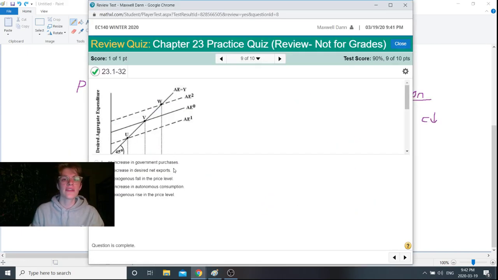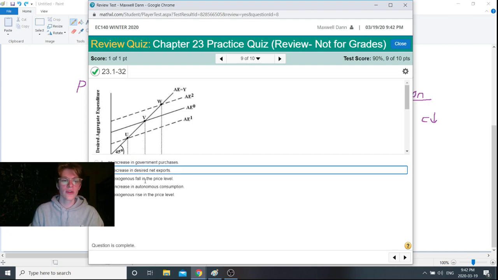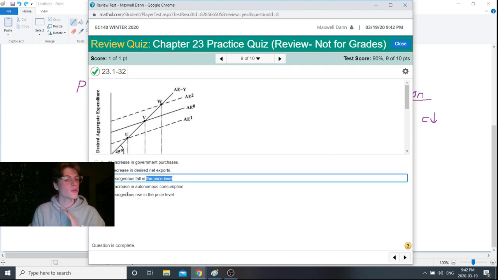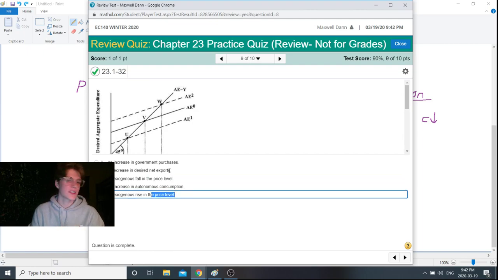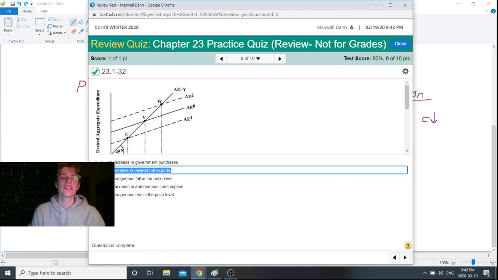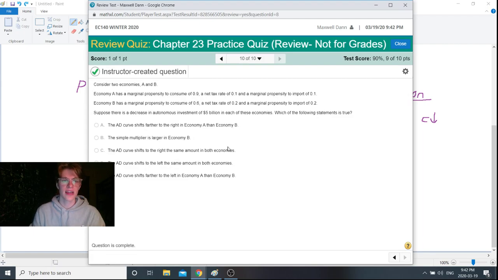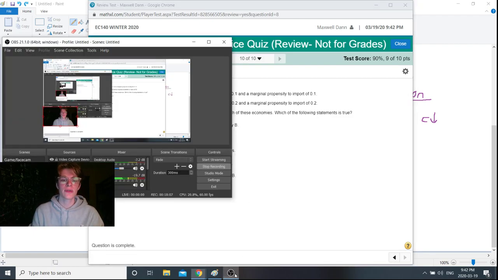So now we just have to look for one that goes down. This says an increase, no good. Fall in price level, we talked about that. An increase, no good. Rise in the price level doesn't affect it. So a decrease in desired net exports. One of our positively related variables went down. That's that for that question. This question, same thing twice. That's it.